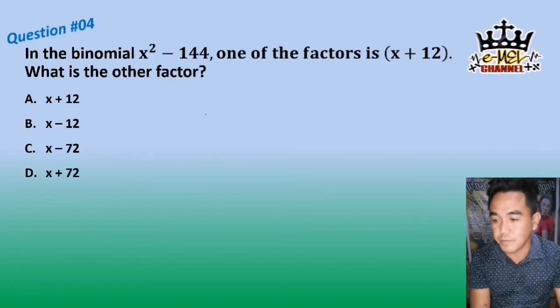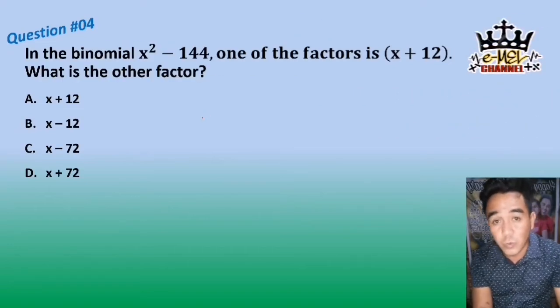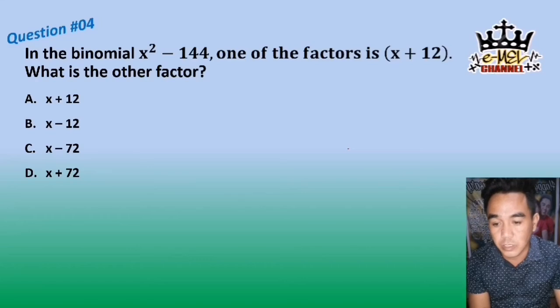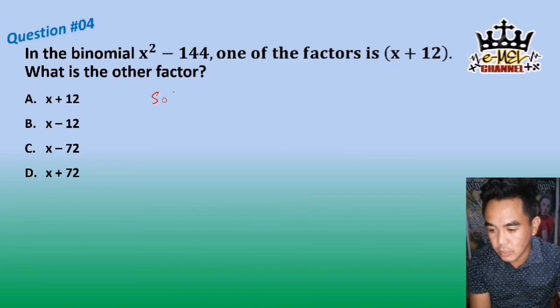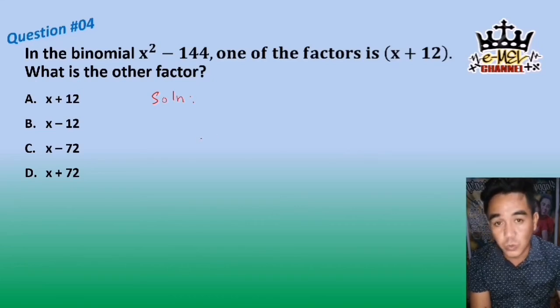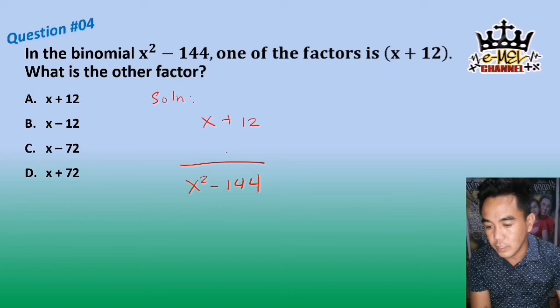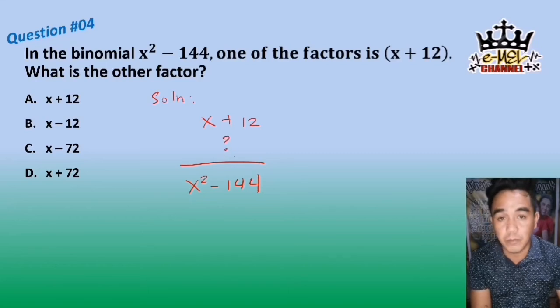Question number 4. In the binomial x squared minus 144, one of the factors is x plus 12. What is the other factor? So here the solution is we need to multiply a factor to x plus 12 to make it x squared minus 144. This is now the problem.